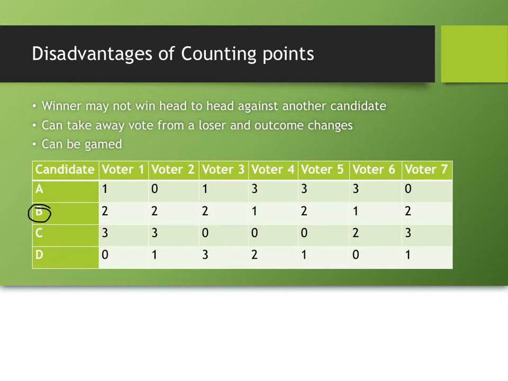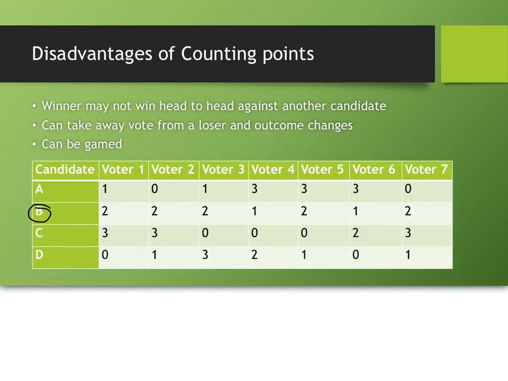In fact, if you look at this, let's focus on candidates B and C. Well, candidate C would have won voter 1. Candidate C would have won this one, this head-to-head matchup. So candidate C would have had 1, 2, 3, 4 votes.